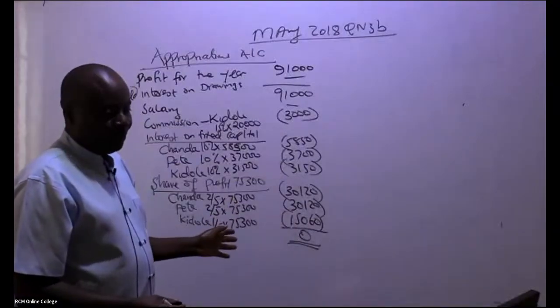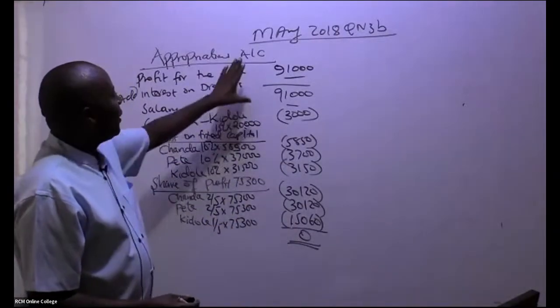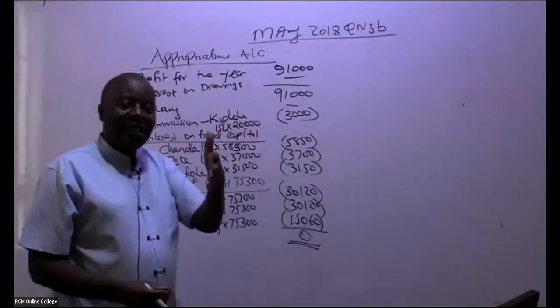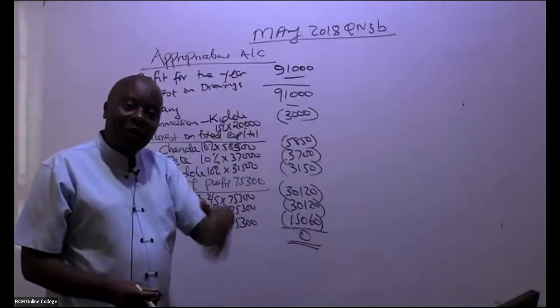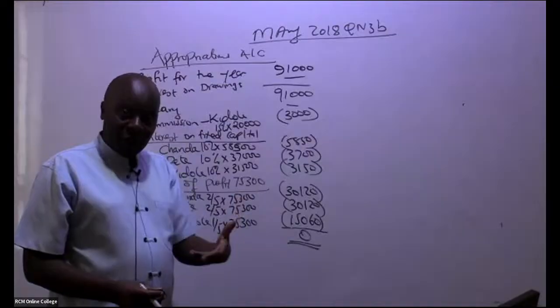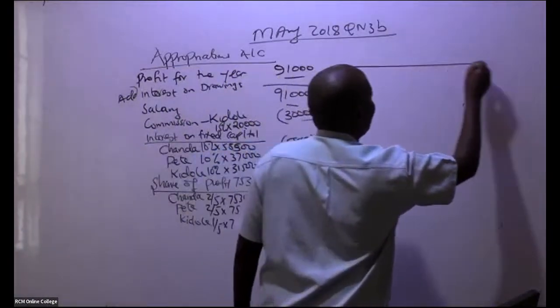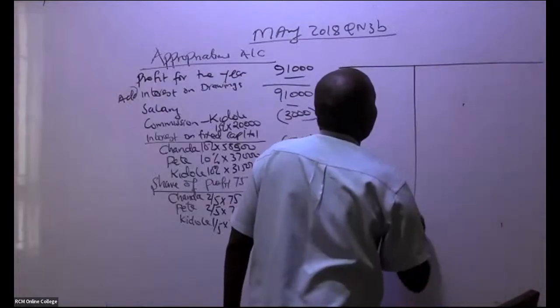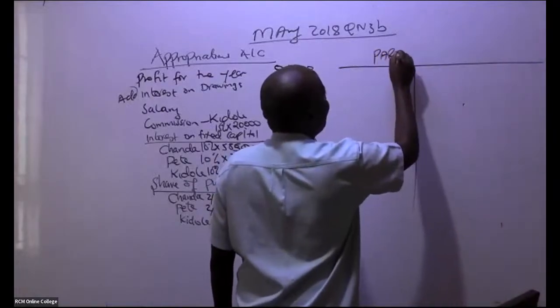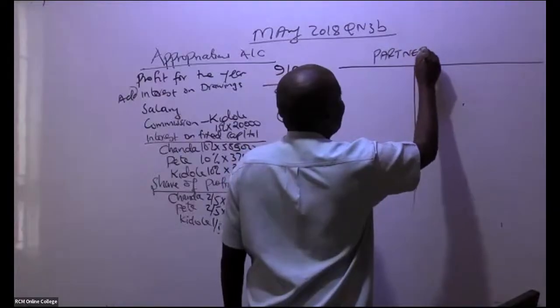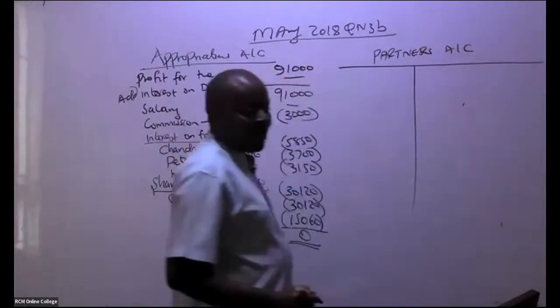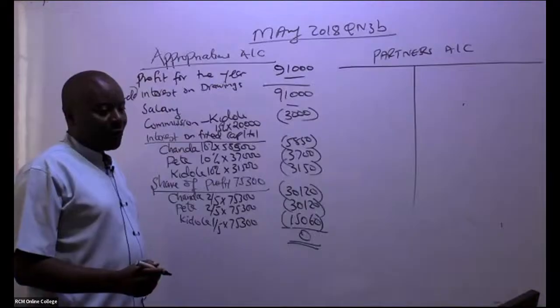Now, once I have this appropriations account, practically, this is something I normally see happening at the end of every year because I run a partnership. So in this case here, practically, you go ahead and give us just an account called the partners account.